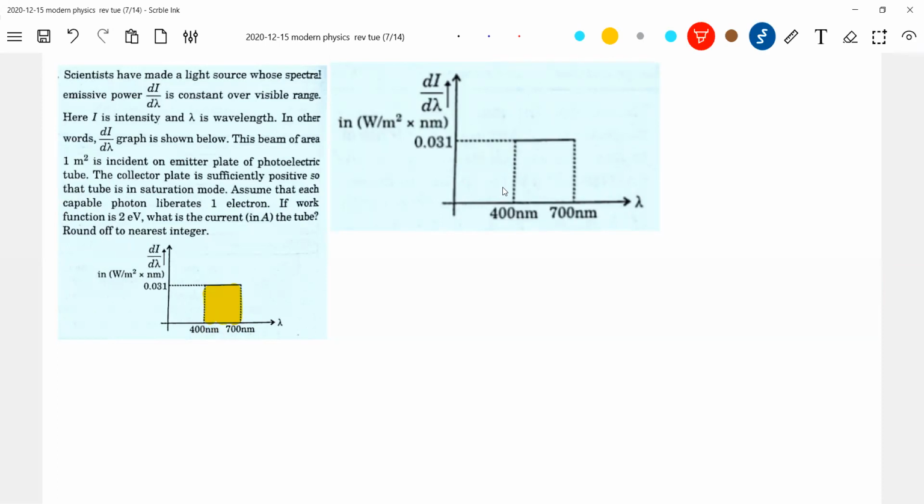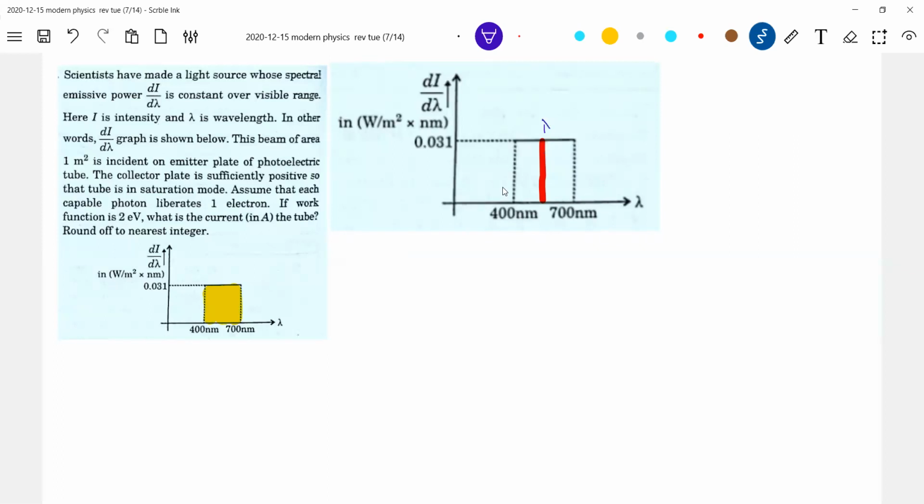Let's take a small spectrum where the wavelength is lambda, with width d lambda. The light corresponding to this will be incident, with intensity dI.